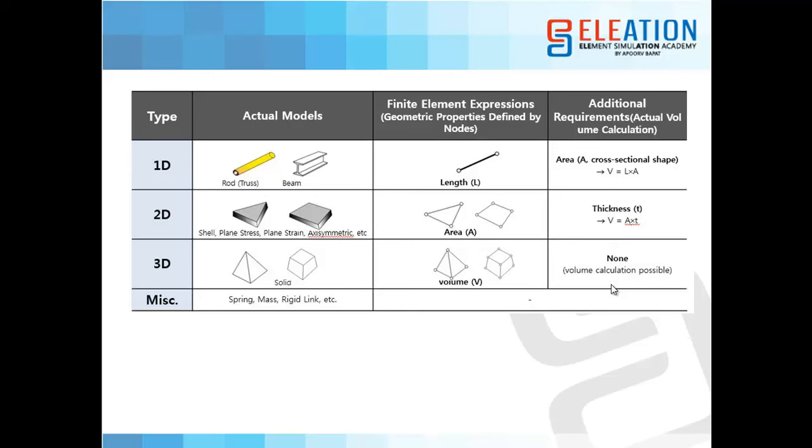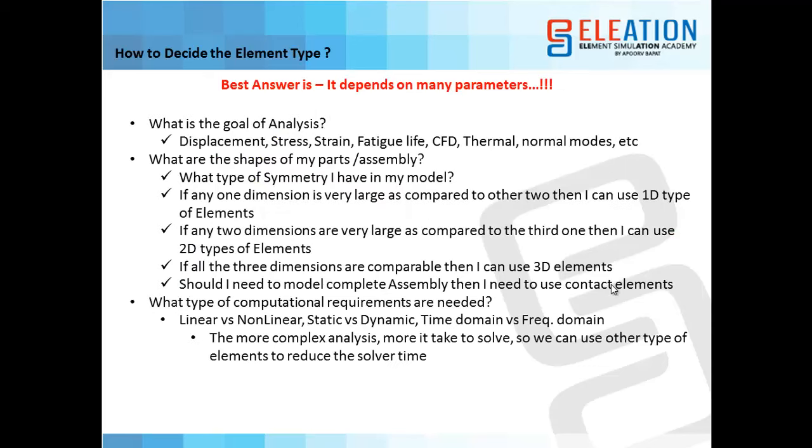So they themselves generate a volume, or the elements are created in all the 3 dimensions. That's why we don't give any additional parameters in the software, because my element itself has its own volume. Plus we have some different types of elements like spring, mass, rigid links, etc. That we will discuss later on.